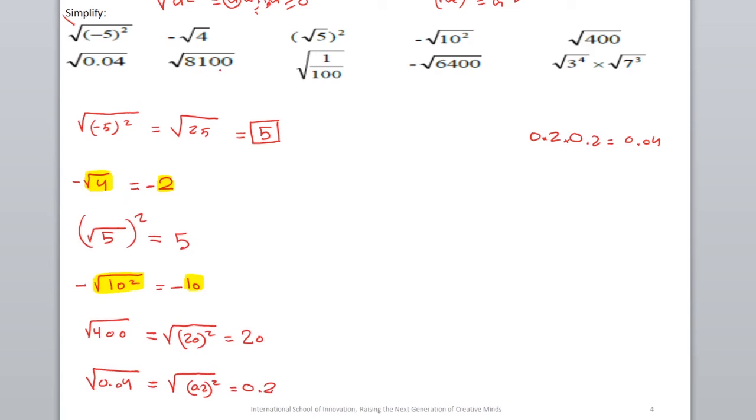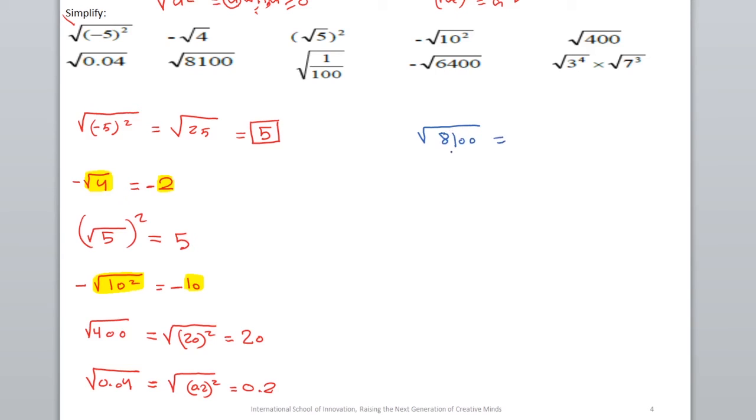Let me do it here in blue. Radical 8100.